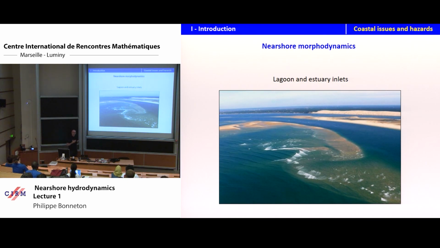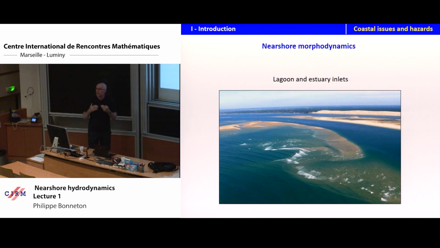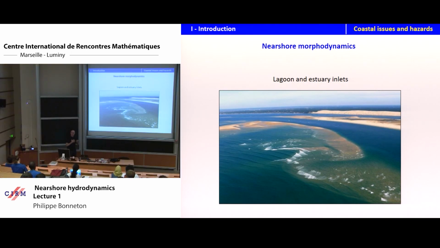And in this environment, the evolution of sandbars and navigation channels is mainly controlled by the competition between wind-generated waves, coming like that, and tidal motions. So the competition leads to very strong and intense sediment transport and morphological evolution. So it's really a severe issue, in particular for navigation safety.